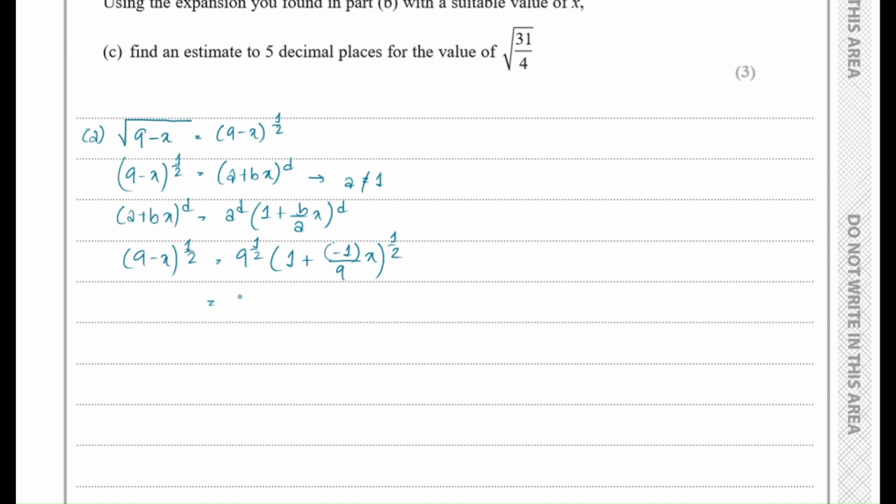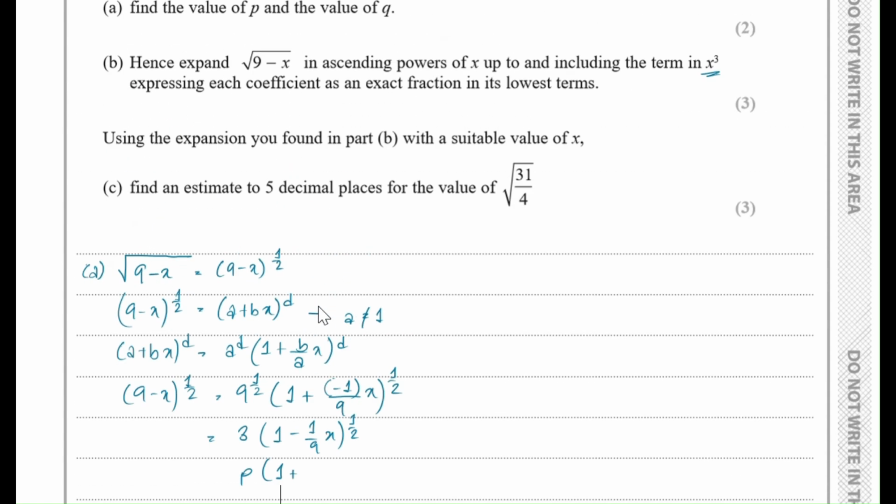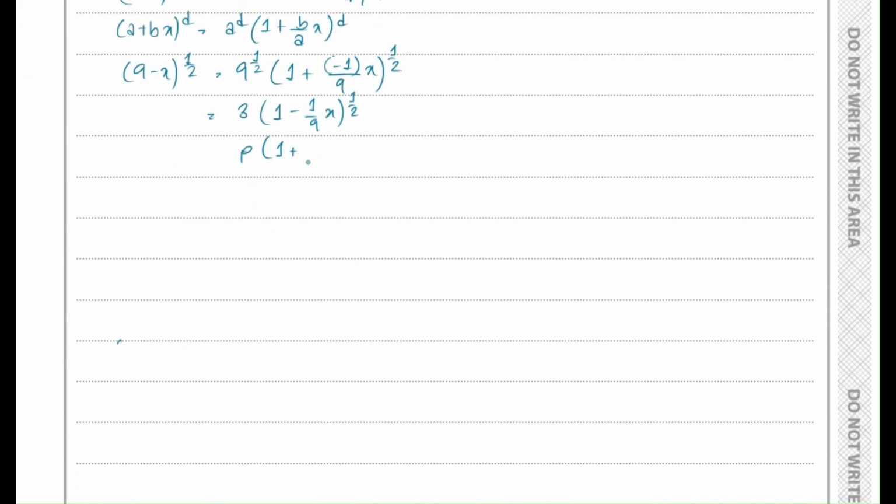So this would be 3(1 - (1/9)x)^(1/2). The question asks us to give it in the form p(1 + qx)^(1/2). So p is equal to 3 and q is equal to minus 1 by 9. That is it for the first part.